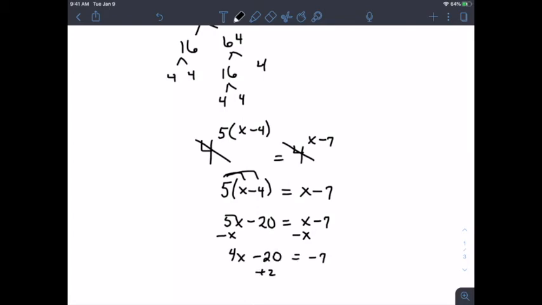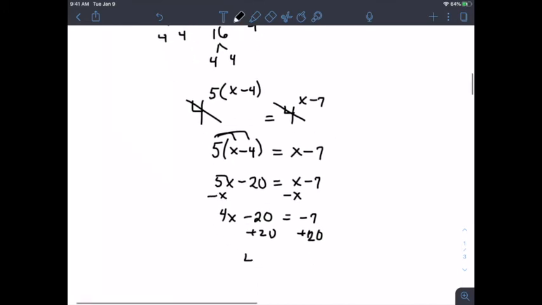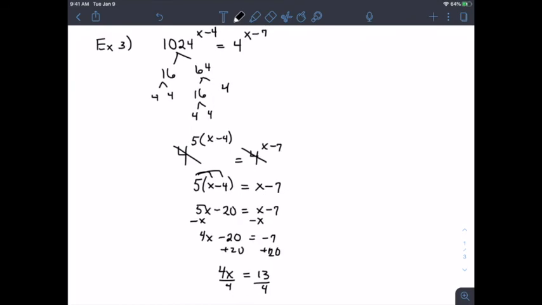Now I'm going to move the 20, so plus 20 to both sides. So I get 4x equals 13. And then I've got to get rid of the 4, so I'm going to divide by 4 on both sides. So x is then going to equal 13 over 4. Just leave it as that fraction right there, and there's your answer.